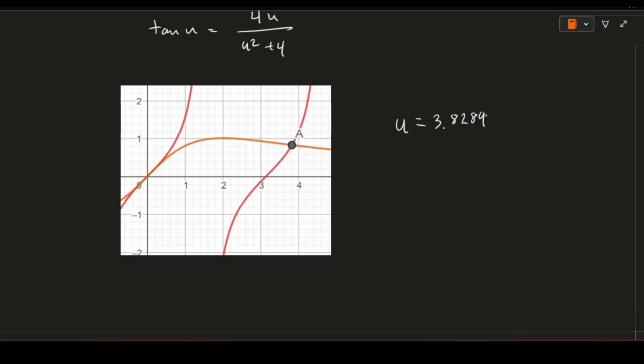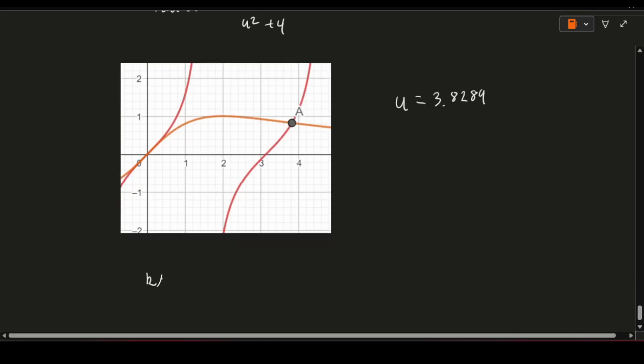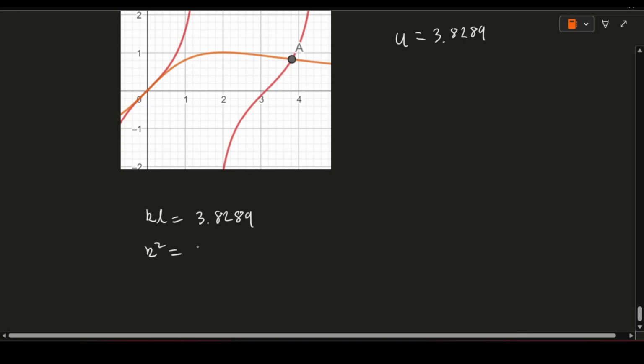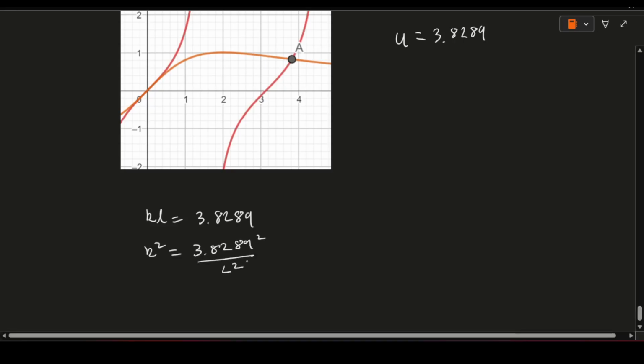Okay, and again, we know that KL is equal to 3.8289. Square both sides and divide by L squared. K squared is equal to 3.8289 squared divided by L squared.